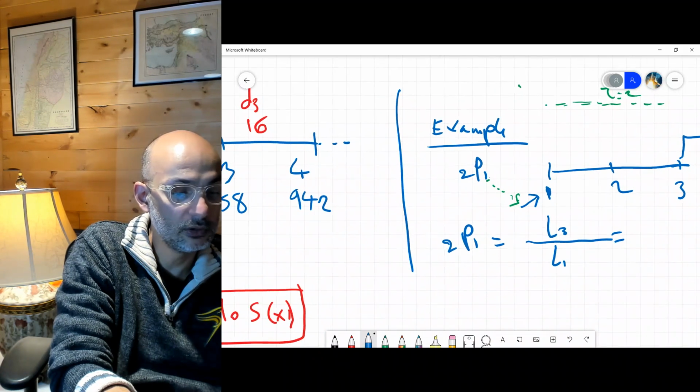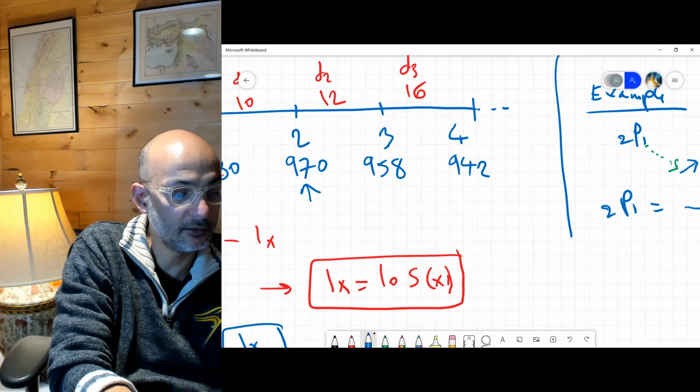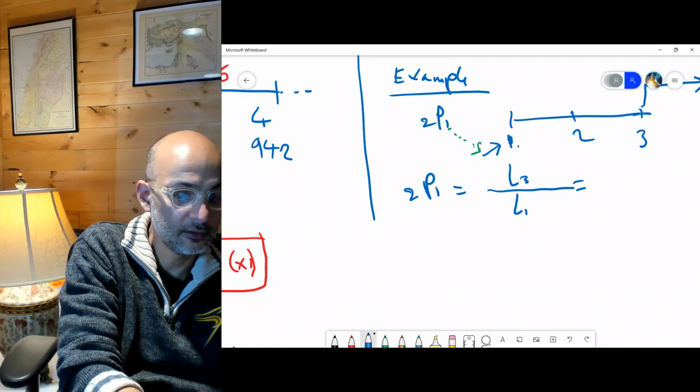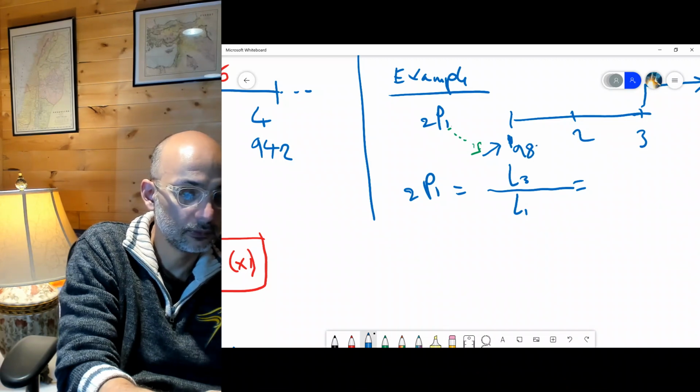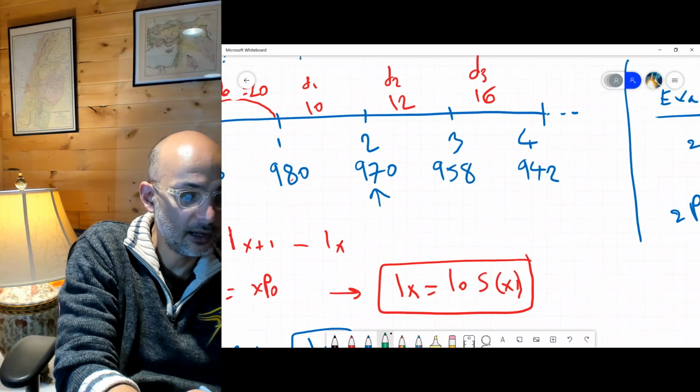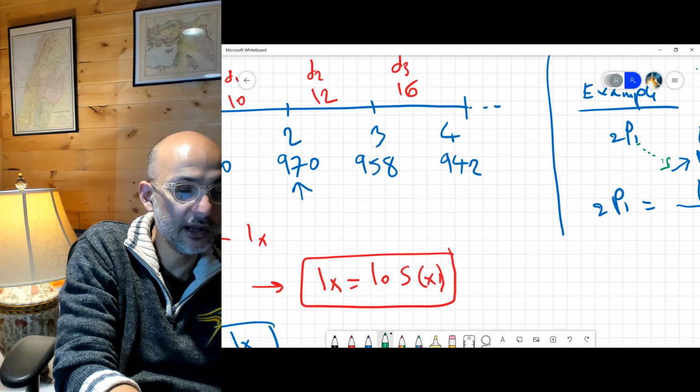We go back to the table because we need to look at ages 1 and 3. At age 1 it is 980, so we started with 980 here. And by time 3, we have 958.